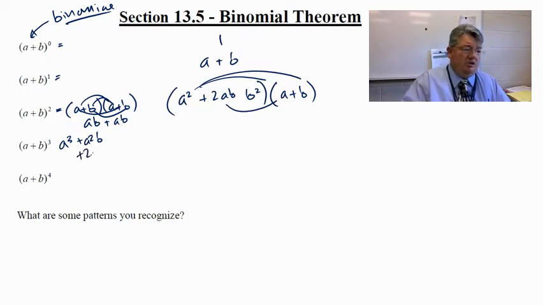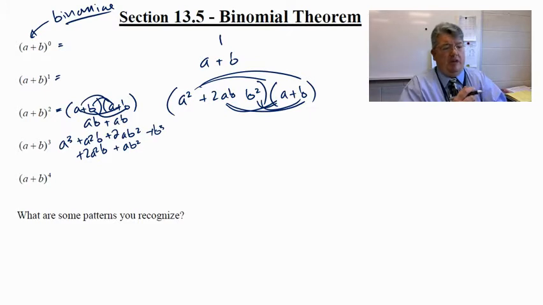I'm just going to start stacking any terms that are alike here. I think I'm going to see a few. 2ab times b is 2ab squared, plus b squared times a, that's just b squared a, or ab squared. And then b squared times b, that's b cubed.